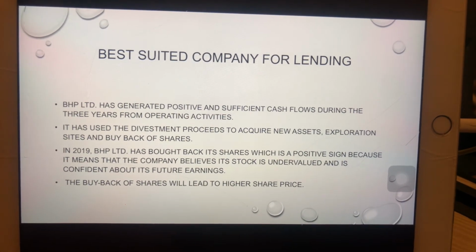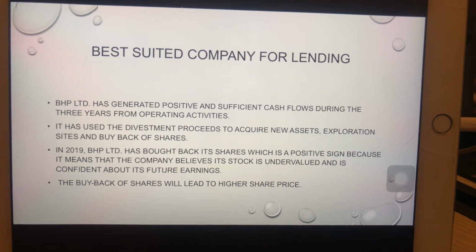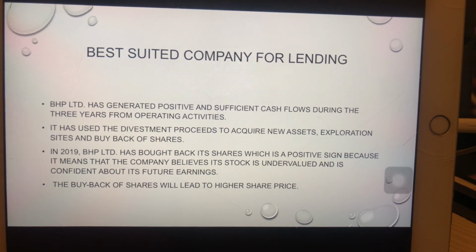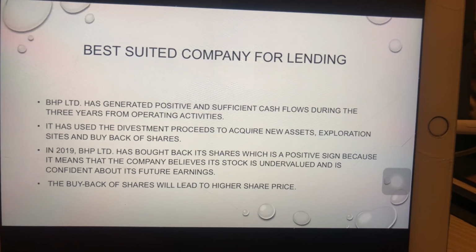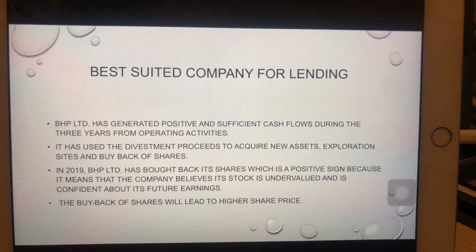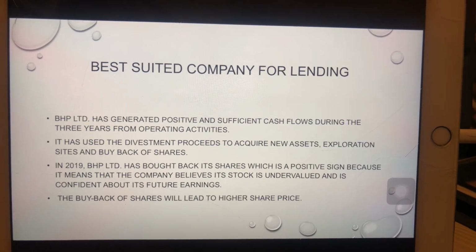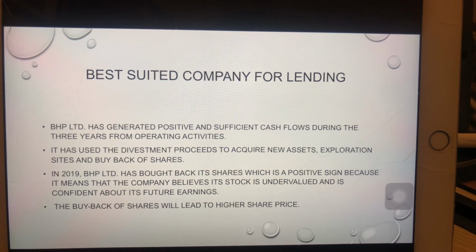In year 2019, BHP Limited has bought back its shares, which is a positive sign because it means that the company believes its stock is undervalued and is confident about its future earnings.